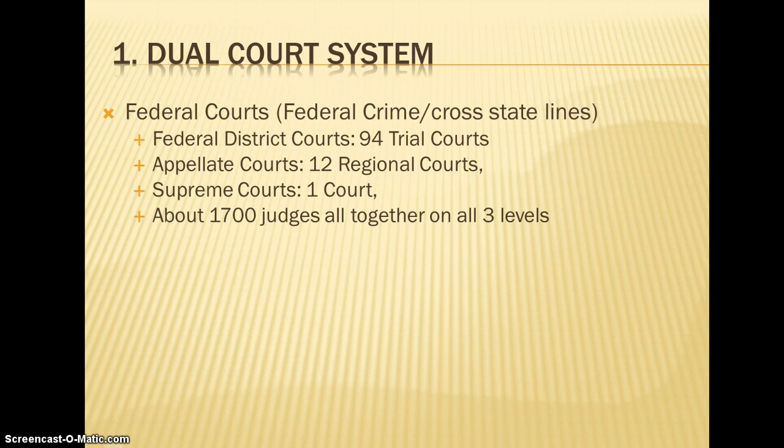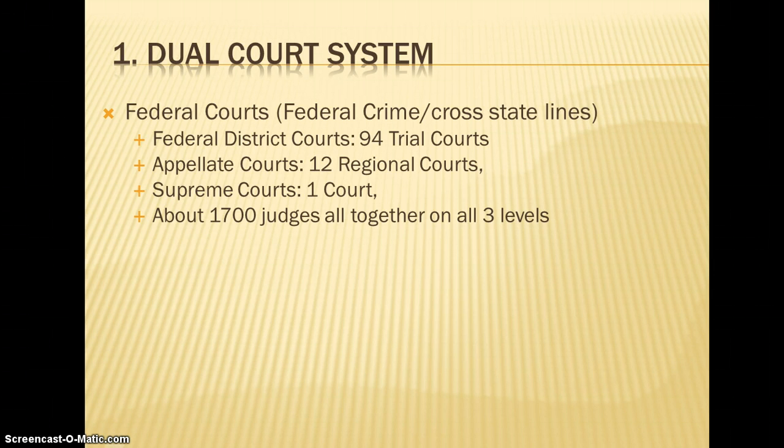The next level, if you don't like the decision, you can appeal your decision to the appellate court. And there are 12 regional courts. And the final system in our federal court system is the Supreme Court. Altogether, there's about 1,700 judges when you count all the judges on all three levels.